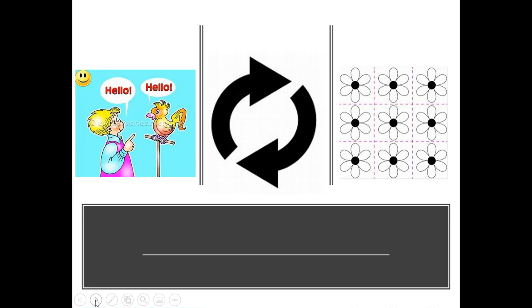So, how are these pictures the same or similar? They all show repeat or repeated. The root word is repeat.